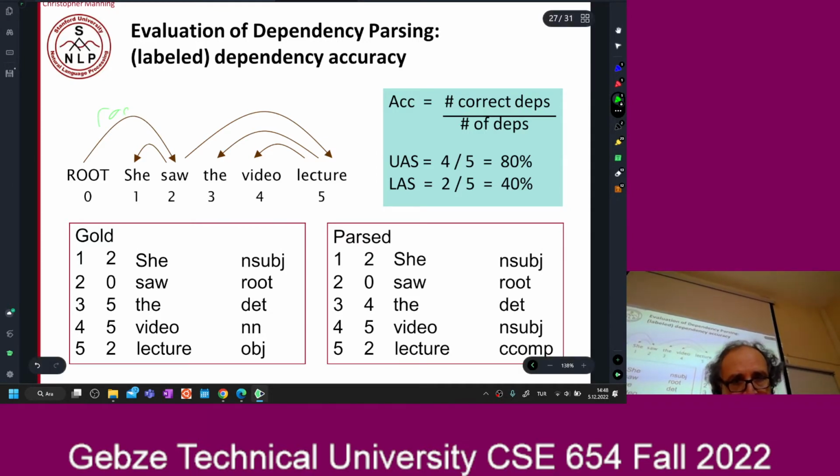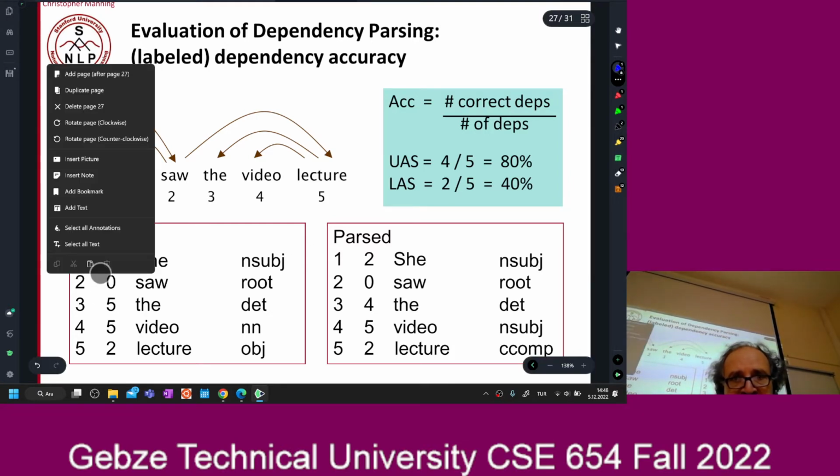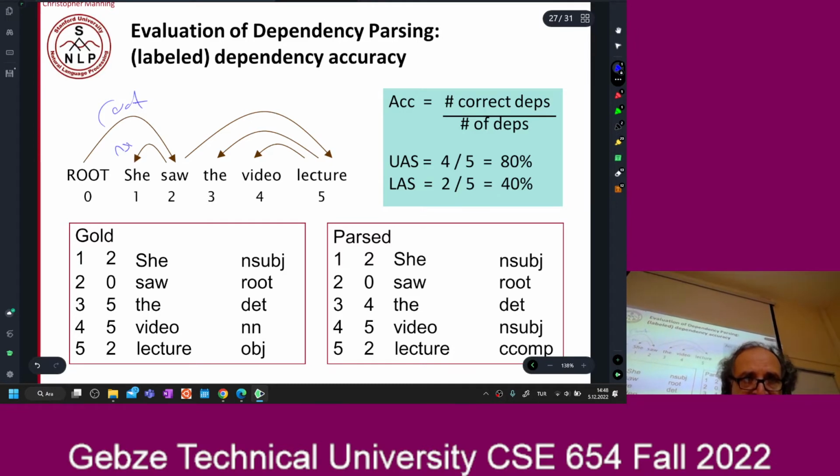The relationship is root, 0, 2, right? 2, 1 is n subject. 3, 5 is the determiner. 4, 5 is nn, noun. And 2, 5 is object.